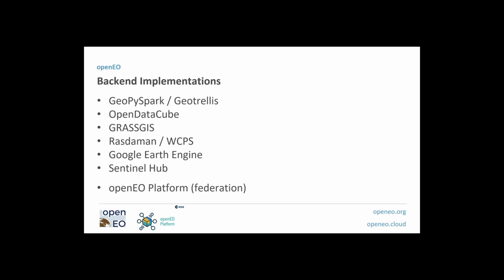And Sentinel Hub is also in the making. One thing that I'm working on, and is basically a successor of what we worked on after openEO was funded, is openEO platform, a federation of multiple of these backend implementations. So you can also go to that, and it proxies a number of implementations out there. So you can have everything in one place.